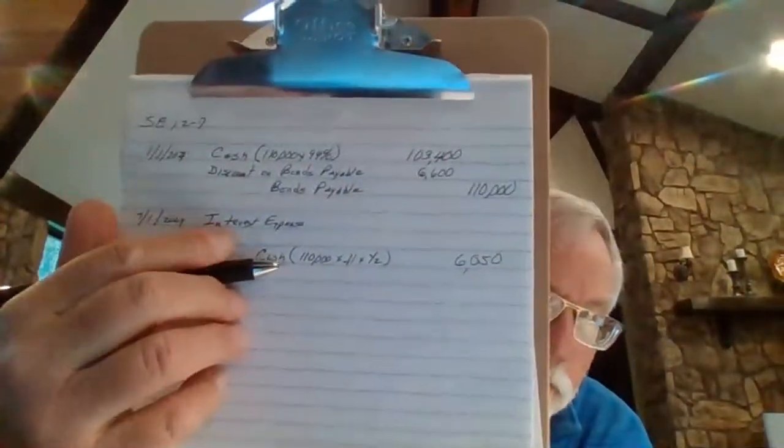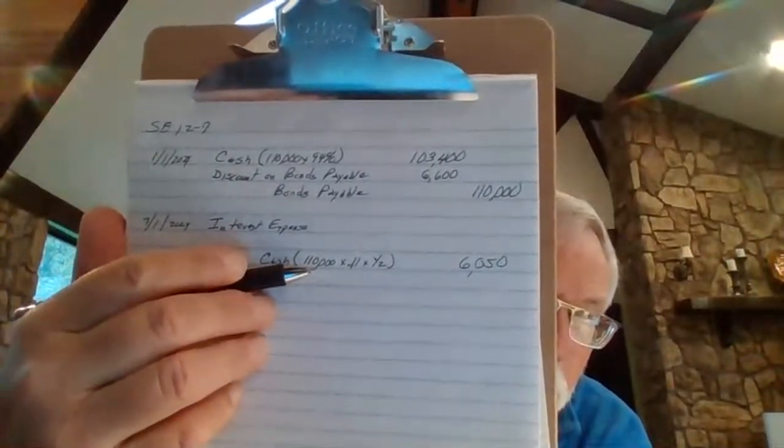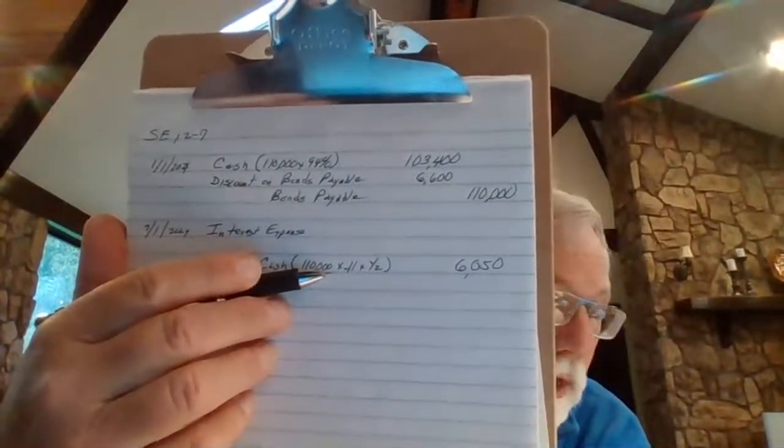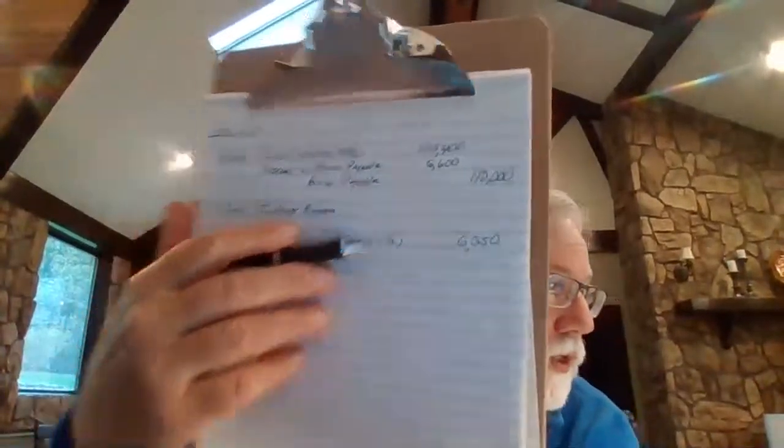The cash payment is always the face value times the rate of the bond, which is 11%, 0.11, times half a year, because we're dealing with every 6 months. So the cash payment being made is $6,050. All right, and there's a calculation right after the cash being credited. $110,000 a bond, 11%, half the year, $6,050.